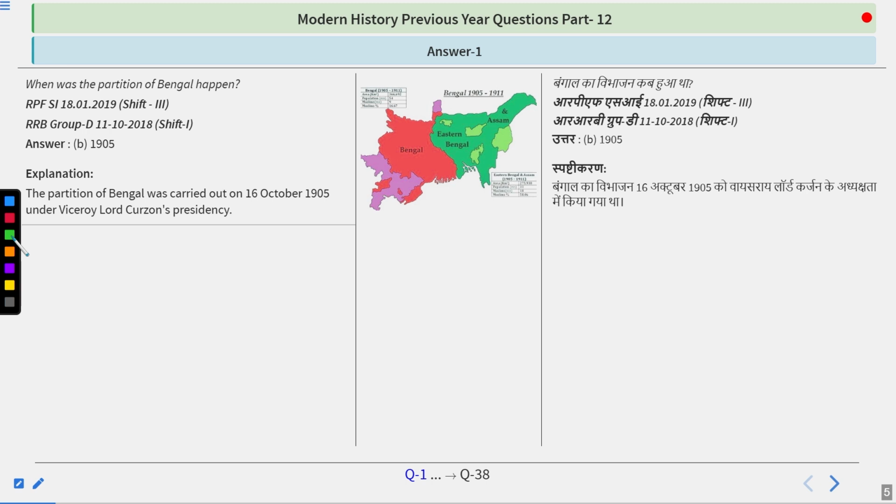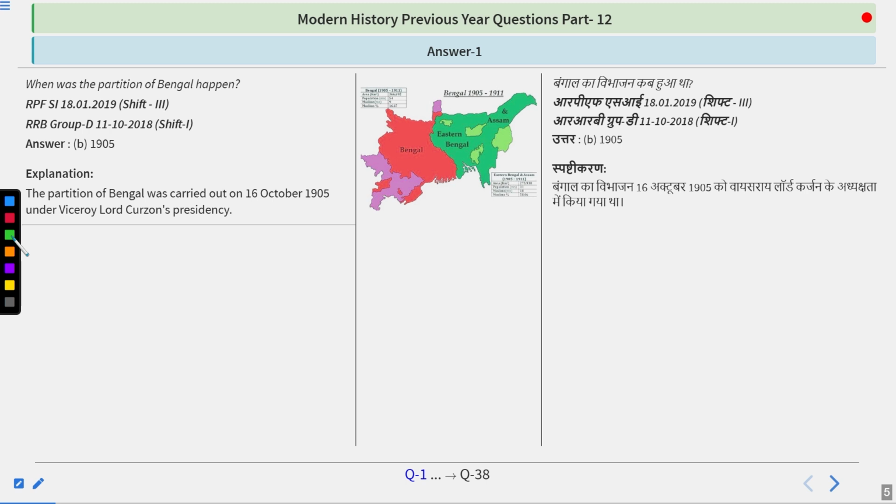Lord Curzon came to the viceroyship in 1899 and remained till 1905. The major event that happened under his viceroyship was the partition of Bengal. He was also the one under whom the Monument Act and the Currency Act came.